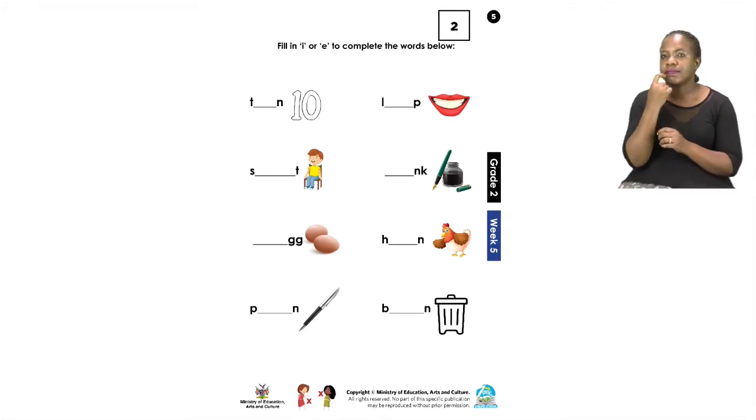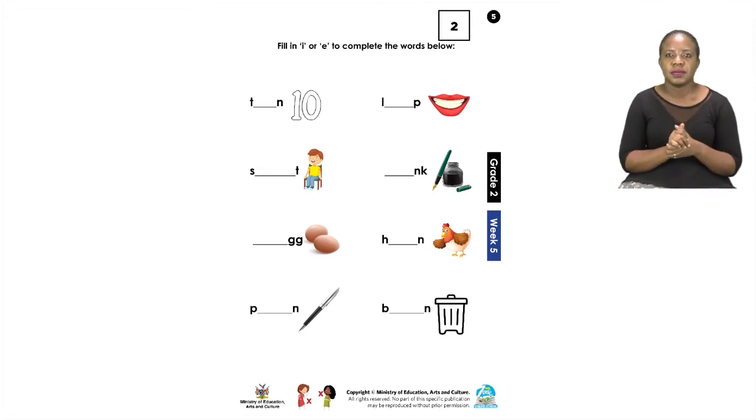I would like you to please fill in the correct vowel sound for lip. Okay, then the next one below is of a boy and he's on a chair. The word that is there is the word sit. So please can you fill in the correct vowel sound?